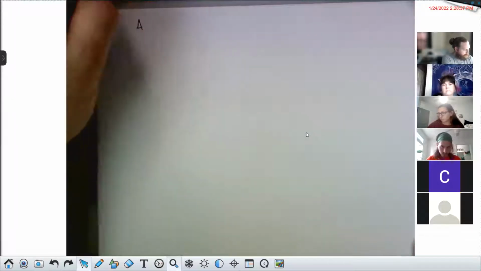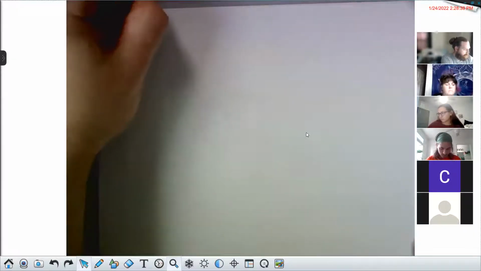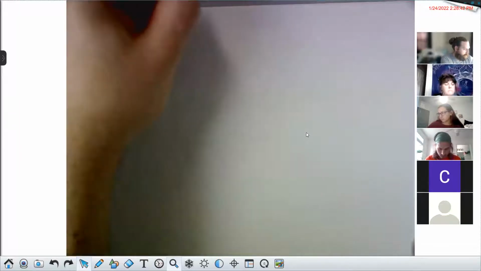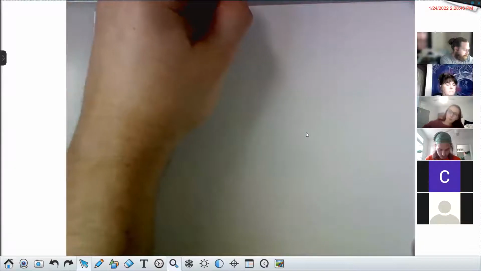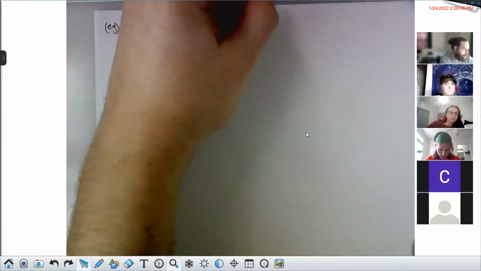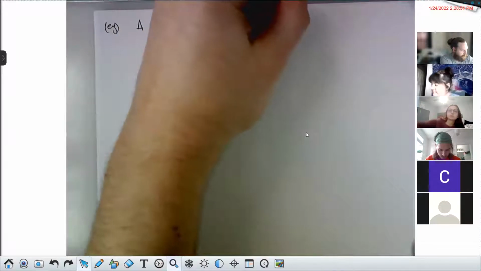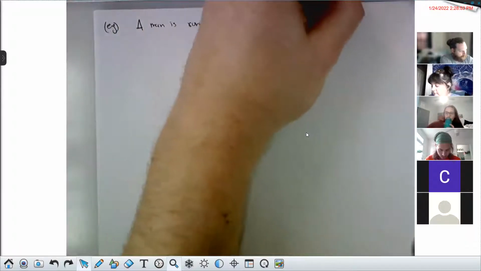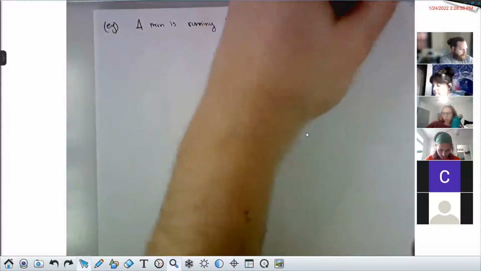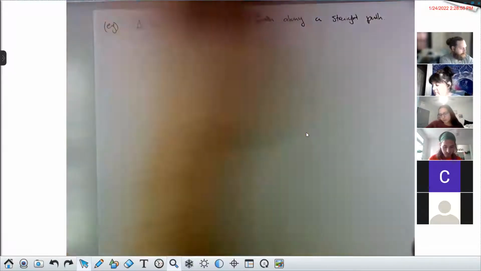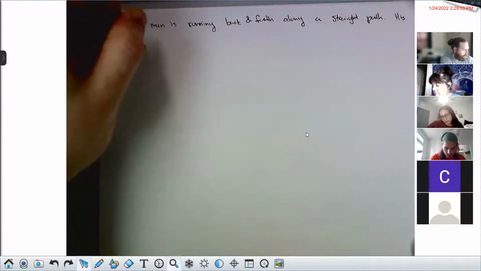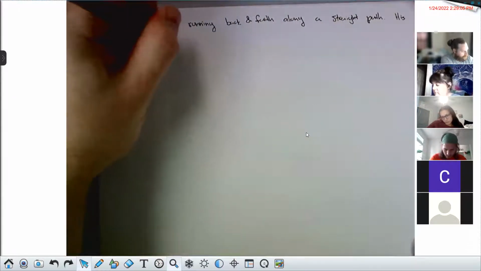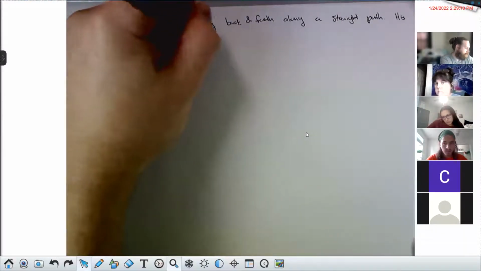A man, for example, is running back and forth along a straight path. His position, which I'll call s of t, is graphed below.